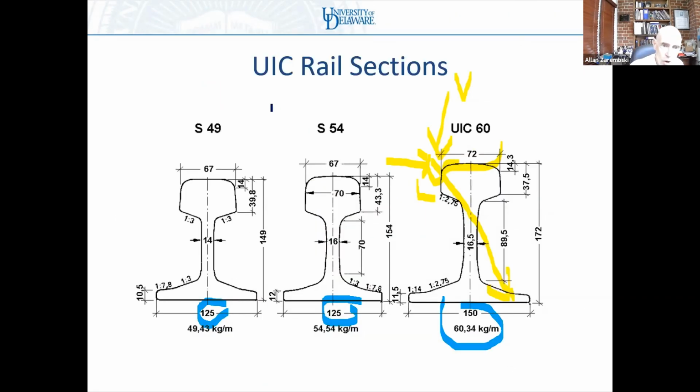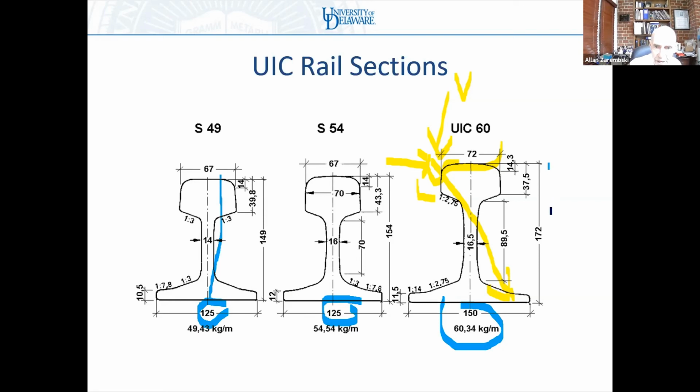If I was in a mainline environment where I'm running lots of locomotives and heavy freight wagons, a 49 kilogram per meter section may generate excessively high stresses in my rail.